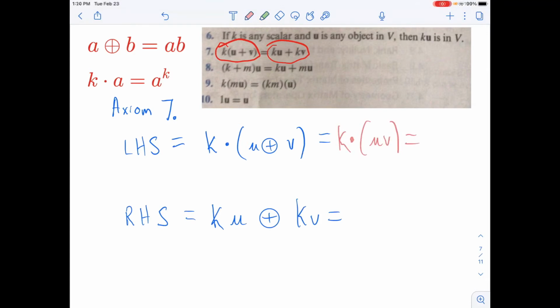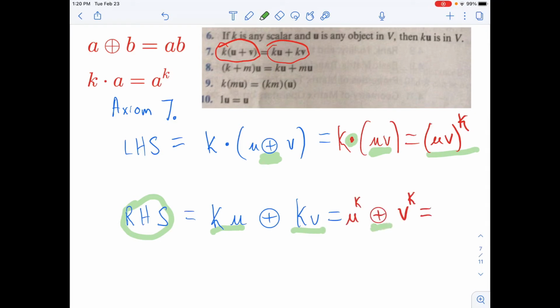So here goes. This means usual multiplication. So there's the usual multiplication of u and v. And this means exponentiation. So we're looking at this. That's what the left-hand side of axiom 7 gives us. Now we'll compare that to the right-hand side and see if we get the same thing. Here we're doing exponentiation, u to the power of k. And here we're doing exponentiation, v to the power of k.